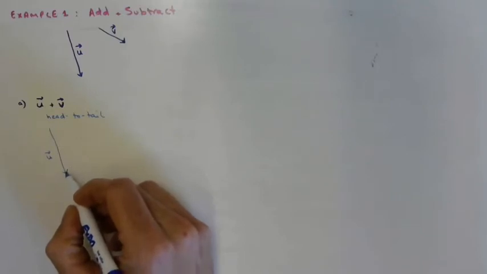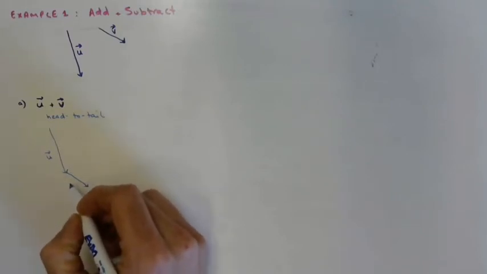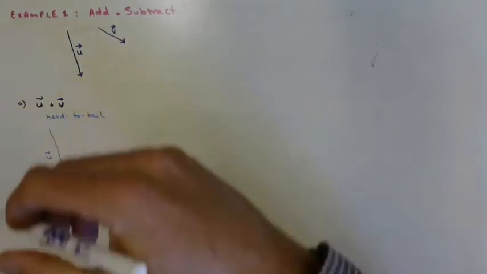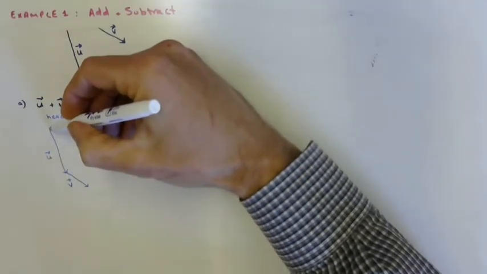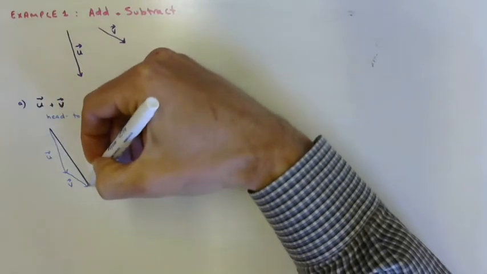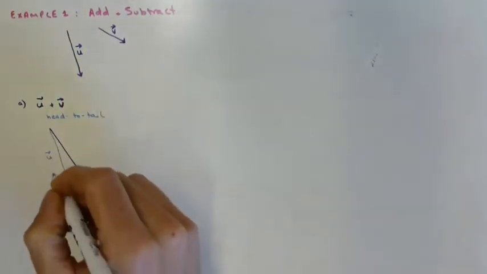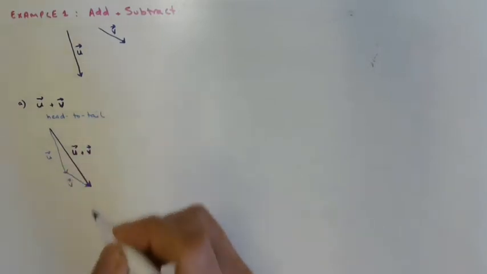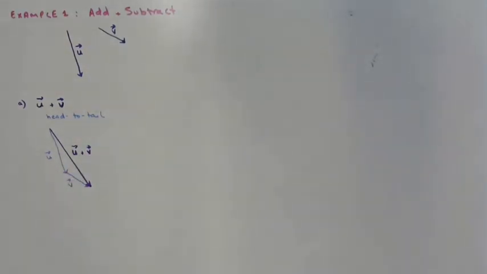So here's vector v. Okay, so the resultant now we draw from the tail of u to the head of v, and we have the resultant vector u plus v. Okay, all we're doing here is drawing that resultant vector.